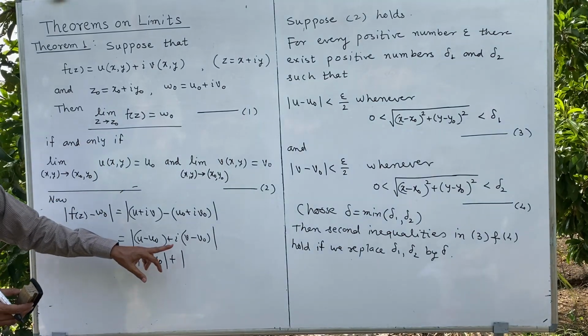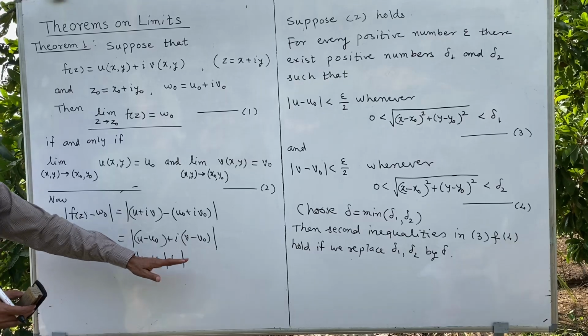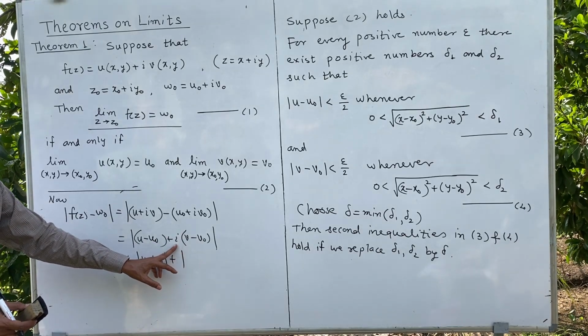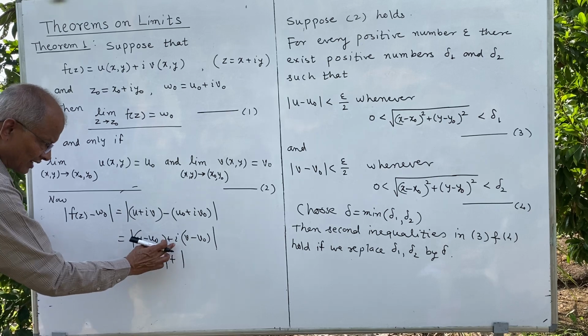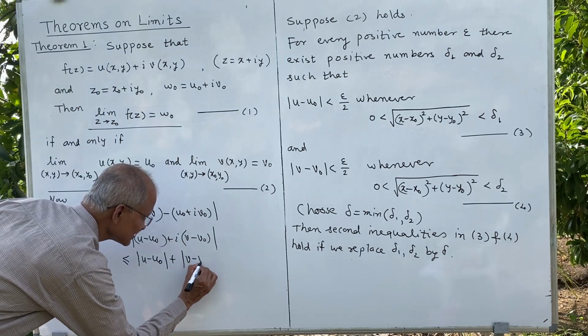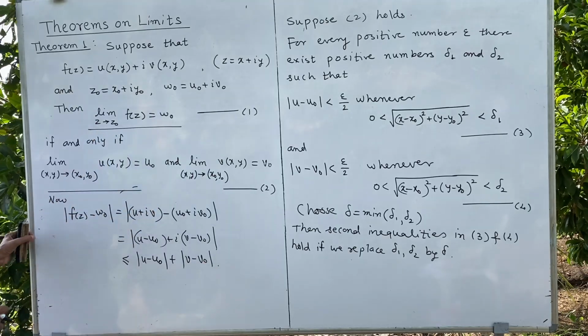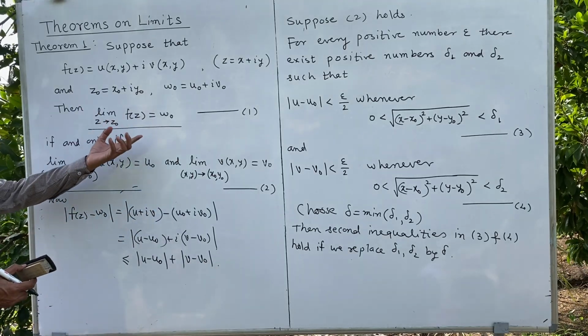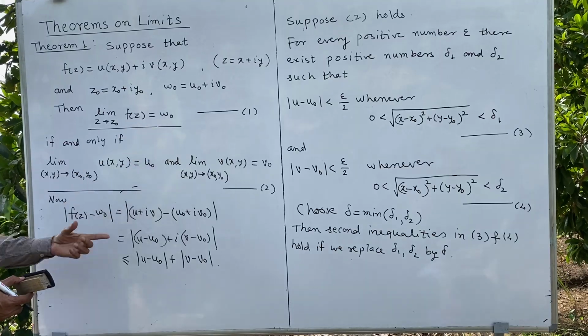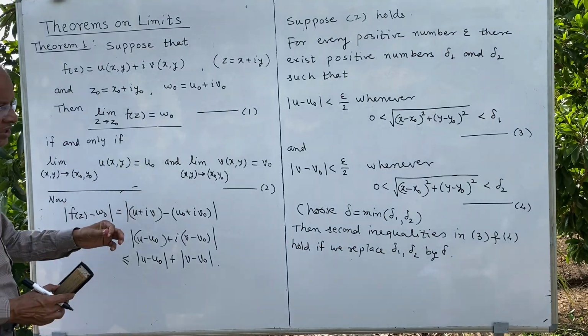mod of z1 plus z2 is less than or equal to mod z1 plus mod z2, and what about mod of I? Mod of I is 1. So, therefore, we are not writing the absolute value of I, which is 1, and that is v minus v naught. So, this is the expression for absolute difference of f z and w naught. And now, what is this difference?